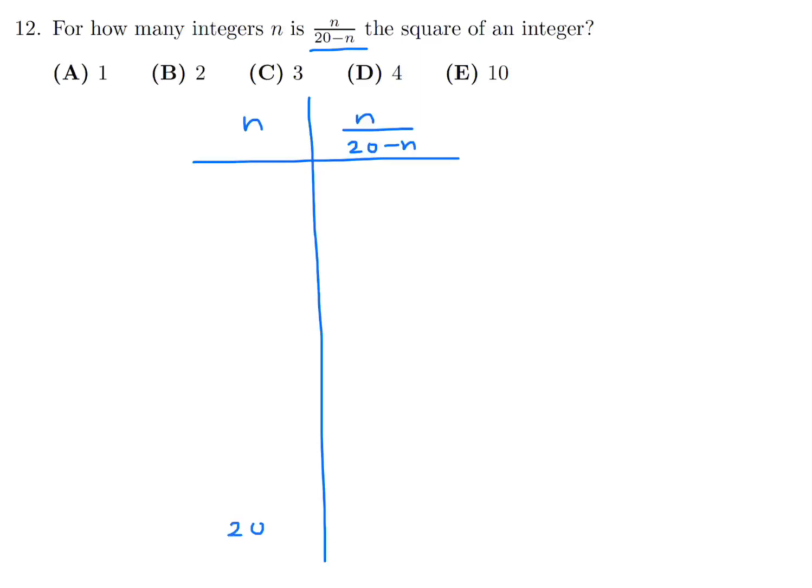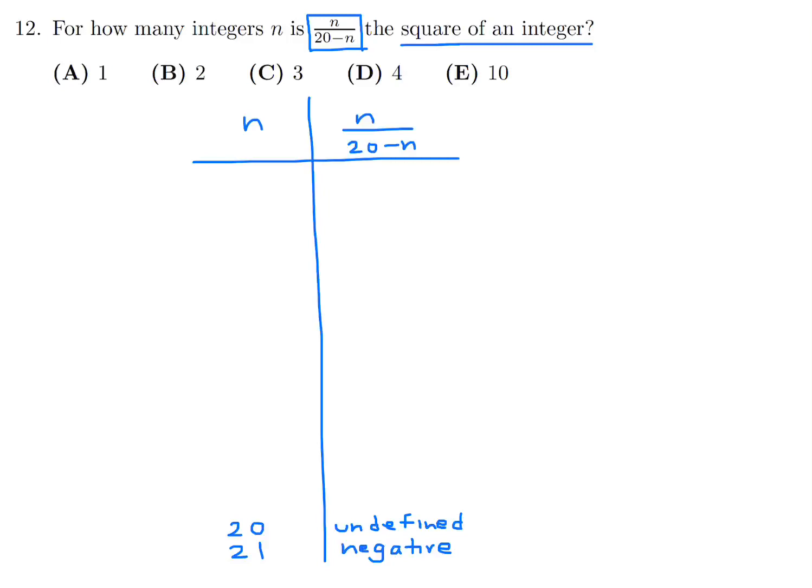And if we have an n greater than 20, like 21, this becomes negative. That is not going to work, because we want this expression to be the square of an integer, and the square of an integer is always positive.